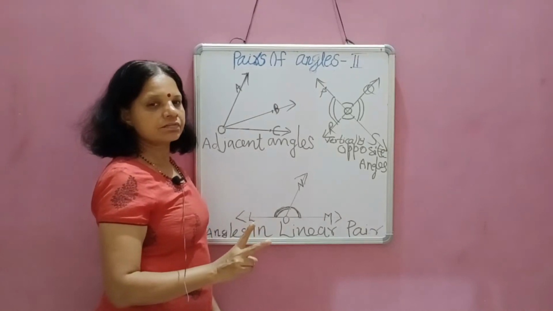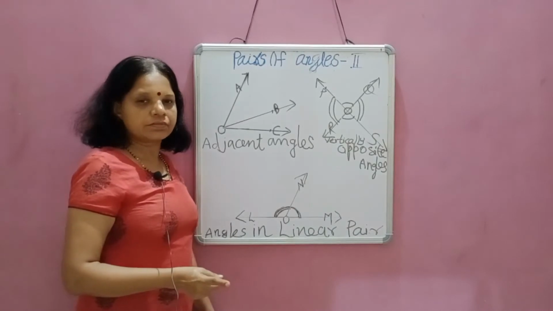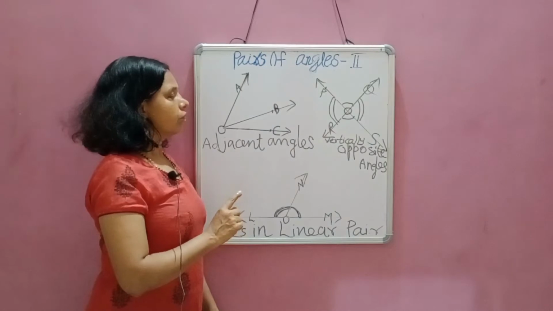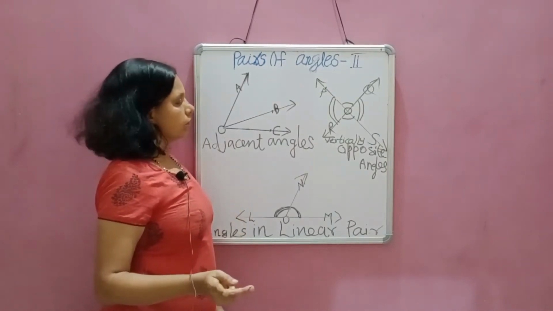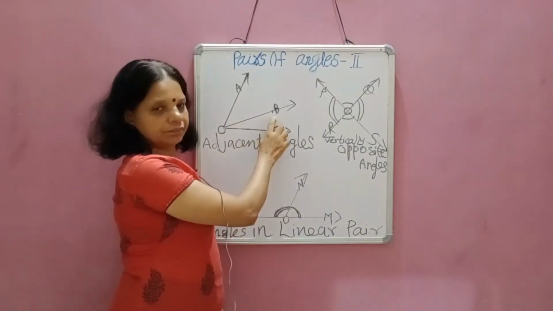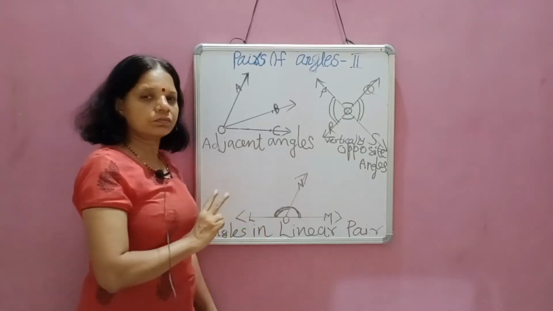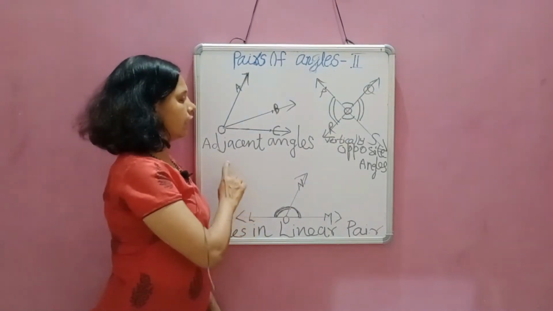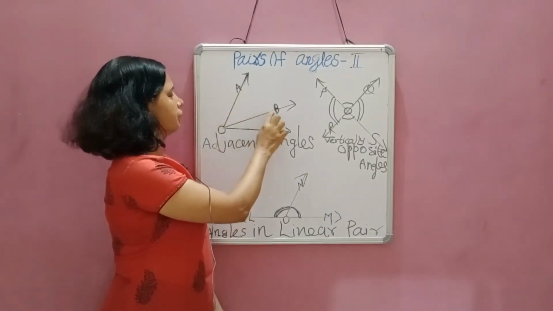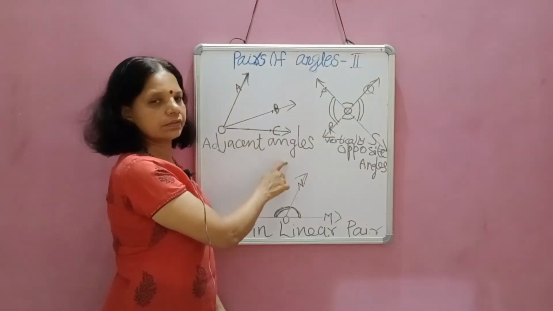Two angles having the same vertex, one common side, and non-common sides lying opposite to the common side. So in this figure only angle AOB and angle BOC are adjacent angles.